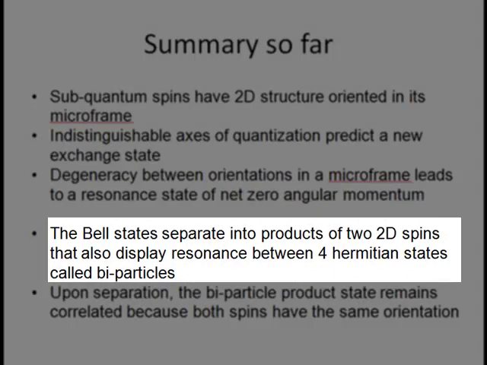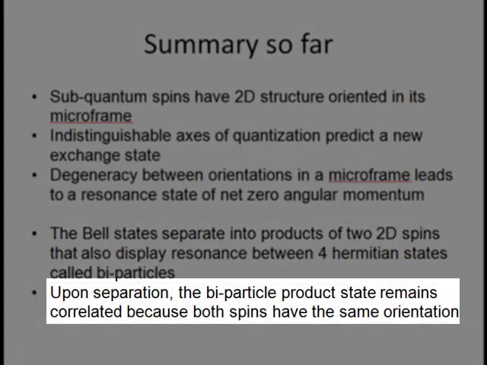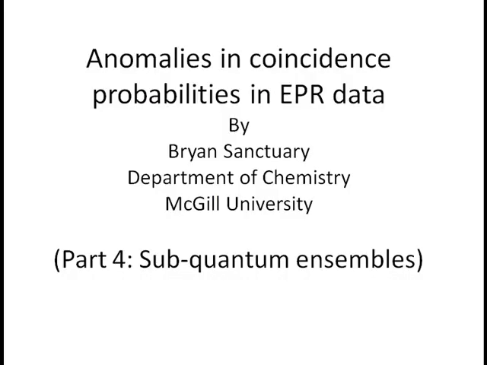The Bell states separate into products of two-dimensional spins that also display resonance between the four Hermitian states called biparticles. Upon separation, the biparticle product state remains correlated because both spins have the same orientation. In the next part, I will talk about the subquantum ensembles.